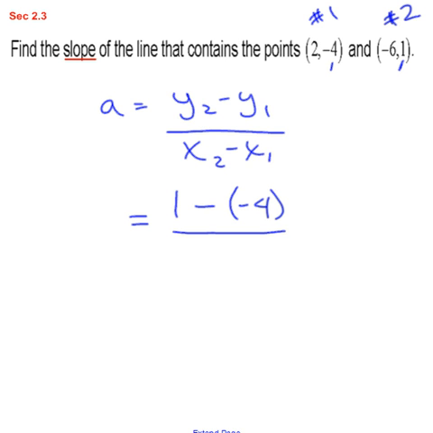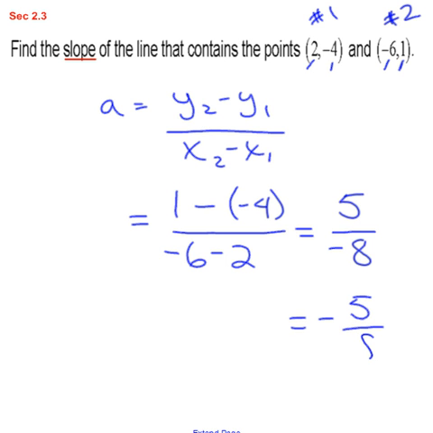Then we've got the x of point number 2, minus the x of point number 1. So 1 minus a -4 is 1 plus 4, which is 5. -6 minus 2 is -8. And so really that's a slope of -5/8.